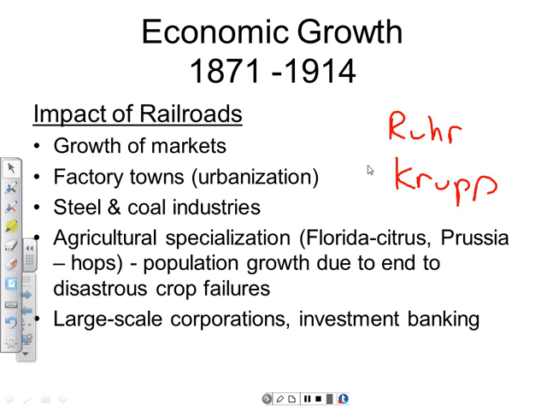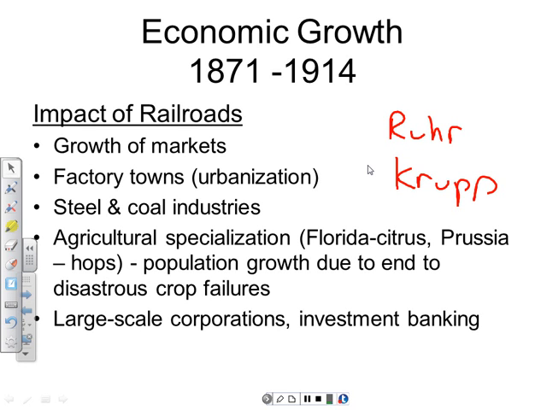Now, railroads also impacted things like agriculture, because with railroads you could just bring in food, so some areas didn't have to raise food anymore. That meant that certain areas could just devote their whole acreage to growing specialty crops for the larger market.